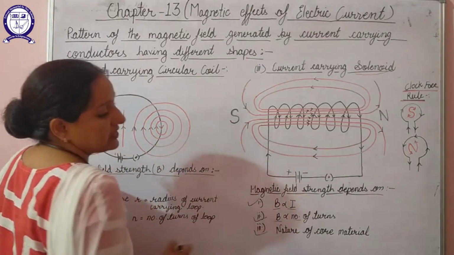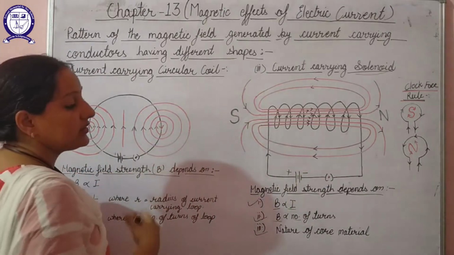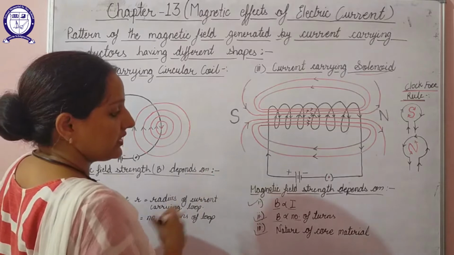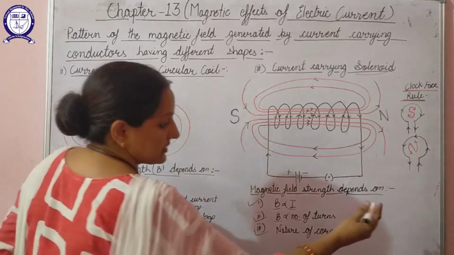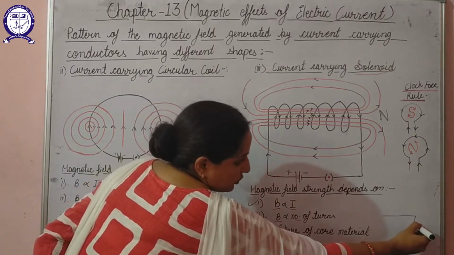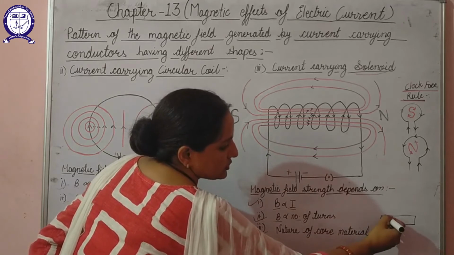And third one, the nature of core material. Here I have not introduced any core material. If you use a core material over here, then the magnetic field strength will get enhanced. How can you have the core material? Suppose this is a core. Here I have chosen it to be of soft iron.